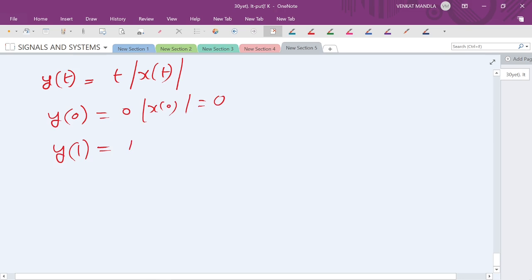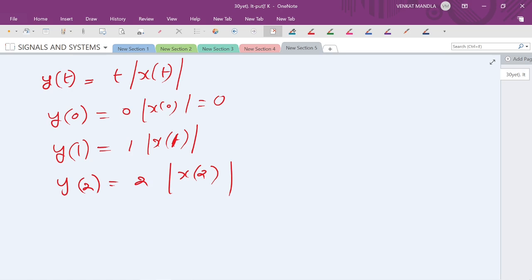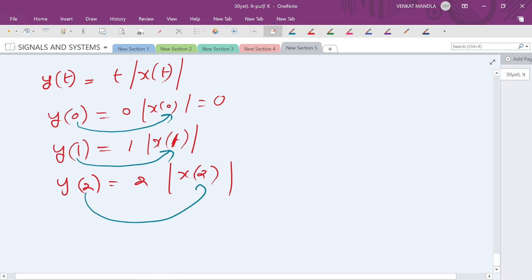For y(1) you will get 1 times x(1). For y(2), 2 times x(2). It depends on y(0) on x(0), y(1) on x(1), y(2) on x(2). The present output depends on present inputs only. So it is causal.